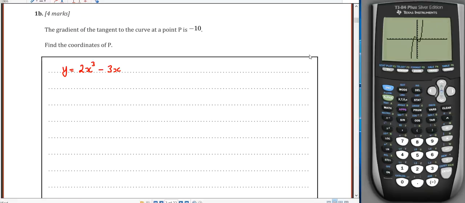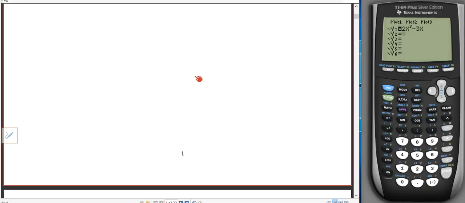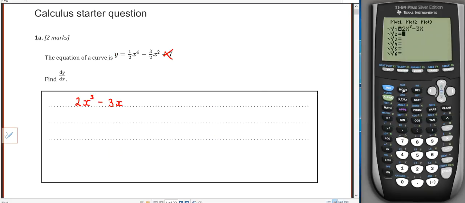And I graphed the curve. Graphed which curve? The original one. Yeah. So what would that be? So I'm going to do 0.5.